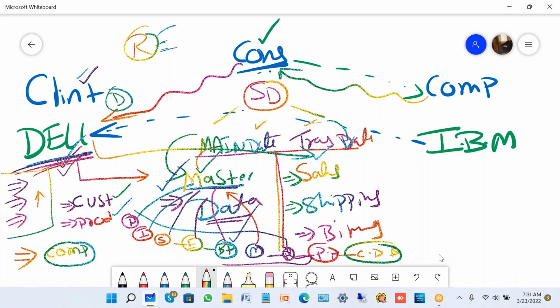Main data is all about master data. In general words, main data; in IT words, master data. Transactional data, everybody understands. Sales can be inquiry, quotation, order, contracts. Shipping is all about the delivery point of view. Billing is all about completing the sales call by raising a bill so that the company gets the payment.